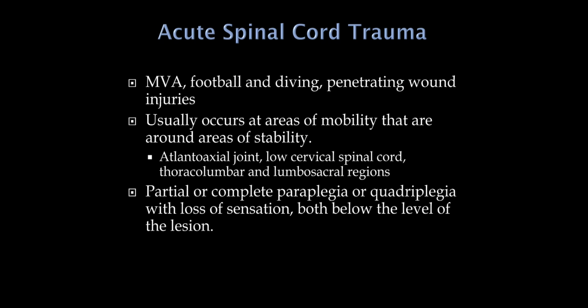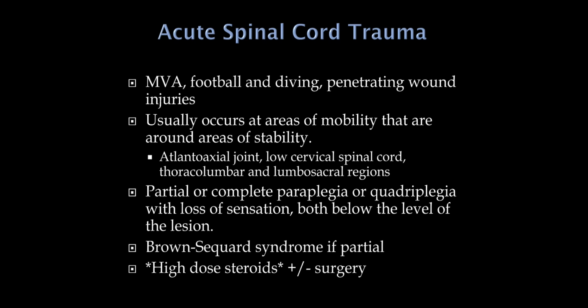So depending on the extent of the injury, if only part of it is involved, you may get a Brown-Séquard syndrome. If it's complete, then the patient will be paralyzed below the level of the lesion and have complete loss of sensation below the level of the lesion.